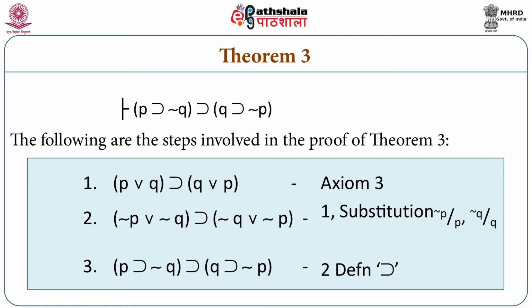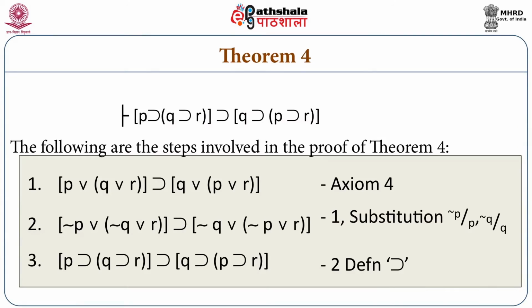Every employment of the disjunctive connective can be replaced by its logically equivalent conditional connective. If we do that, we have P implies not Q, together implies Q implies not P, which is actually the theorem that we want to derive. We will go on with this derivation. We will try to derive another theorem. We will call it theorem 4.